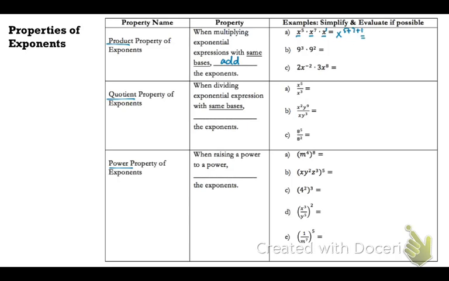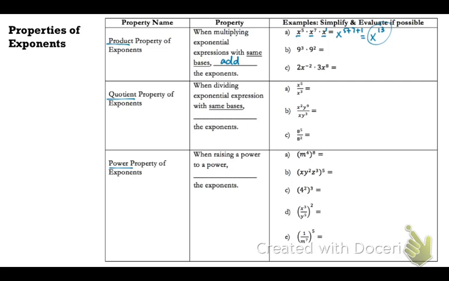So what we'll have total here is x to the 13th power, or x multiplied together 13 times. And that's all we can do, so we've simplified. We can't evaluate. We don't know what x is, the actual number, to raise it to the 13th power and get a number answer. So we just simplify it here.